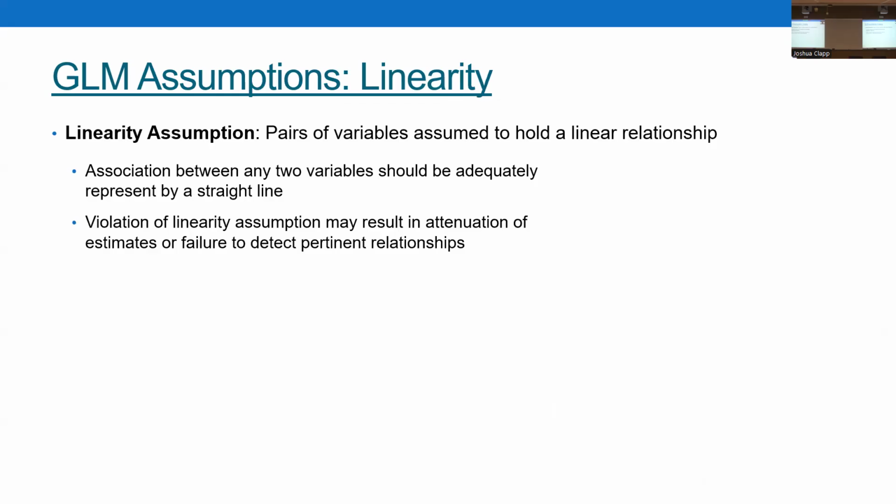Basically, any two variables in my model should be reasonably represented by a straight line, or at least can't be better accounted for by some other type of trajectory. If I violate linearity, it's going to attenuate my estimates, or I'm going to miss different things. So what we're concerned about here is nonlinearities in our data.